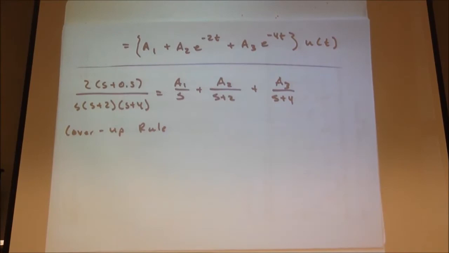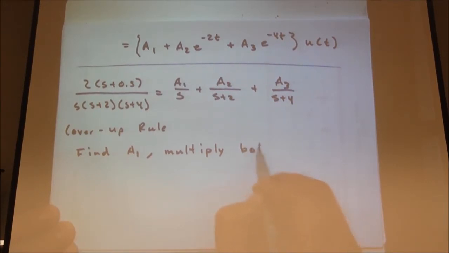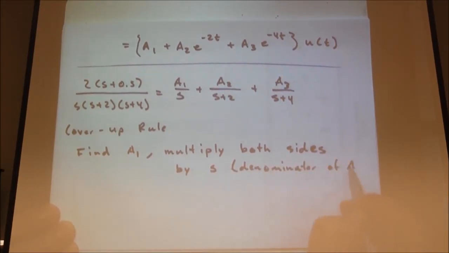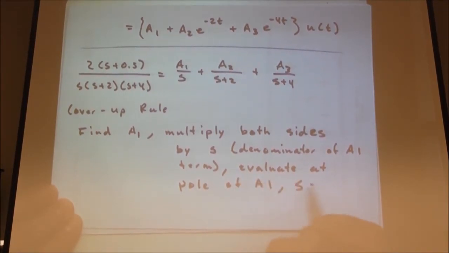How do we find A1? Multiply both sides by S, which is the denominator of the A1 term, and evaluate at the pole, which is S equals 0.